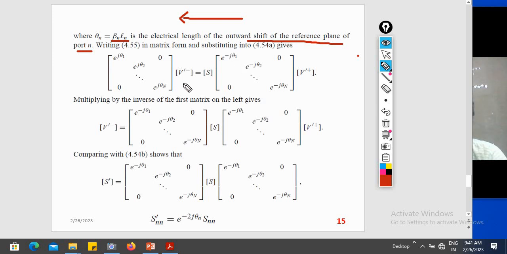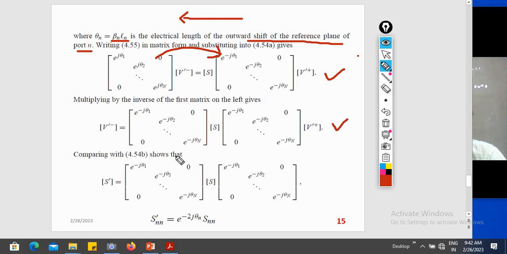So in matrix form we can write the equation in this form. This is the way of writing V dash in matrix form. Then multiplying by the inverse of the first matrix on the left gives, that means we take this transpose to that side, so it comes out like this.